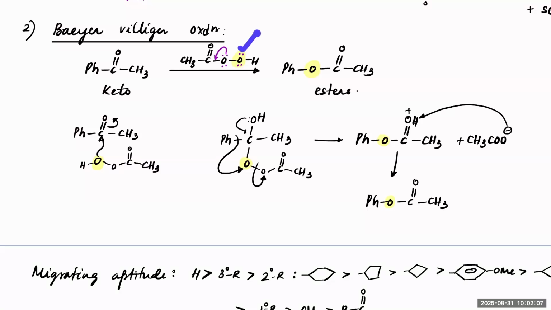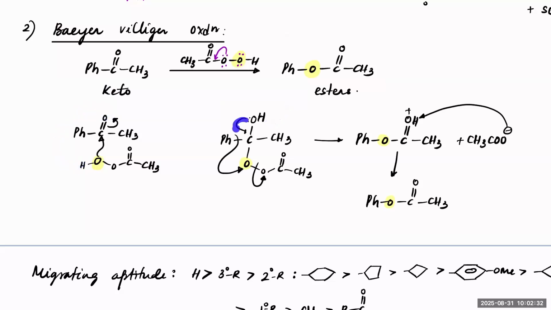So the peroxy oxygen which is localized will get inserted in either direction, converting into an ester. Okay, see how the mechanism proceeds. So first, the oxygen from here will attack on this carbon. As it happens, this oxygen will take H plus from here, and you will get this form.